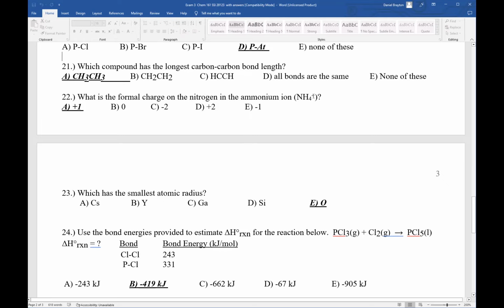Here's that ammonium again, and the reason this is in here is you'll see and use this a lot, not only in OChem, but next semester in Chem 162. Again, the charge is never going to be on the hydrogen in any of these Lewis structures. You're never going to put a plus or a minus charge on hydrogen. It only has one electron and shows up with it, so it's seeking one other electron to make the bond. So either the electron's there and it's making the bond, or the hydrogen is there.